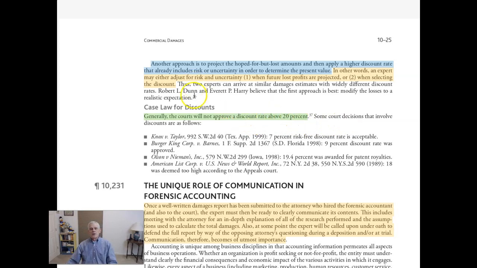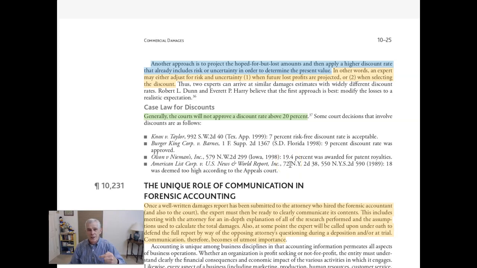Now, discount rates, you look at what courts have said. Courts usually don't go above 20%. Okay, and you're trying to figure out what should be a valid discount rate to use. Will it be 7%, 9%, 19.4%? Each one's different.